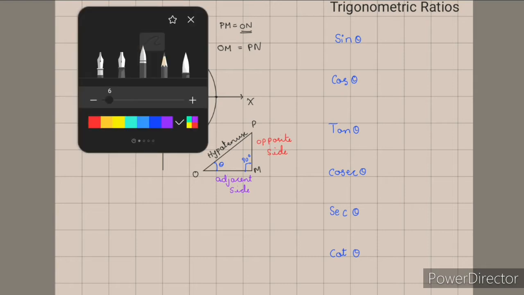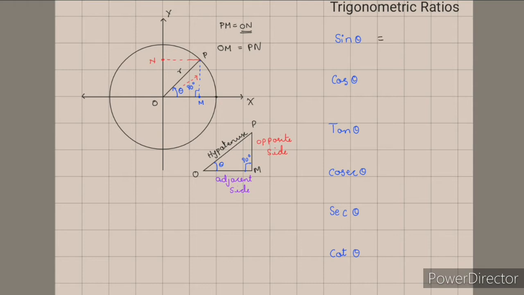Now sin theta is defined as, theta is the angle here, so sin theta is nothing but opposite side by hypotenuse.